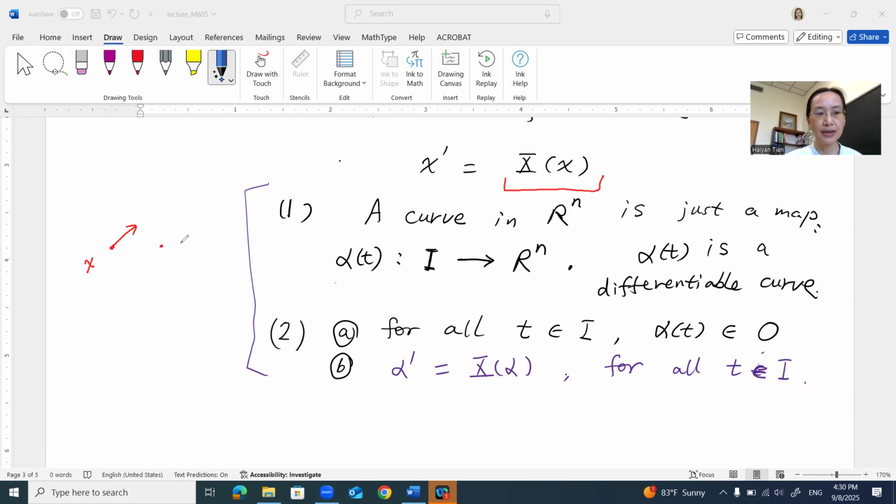If you pick another x, you may have another direction, and a different x will give you a different capital X. These are just different possible locations of x. Certainly you can have, for example, 3 more locations of lowercase x.